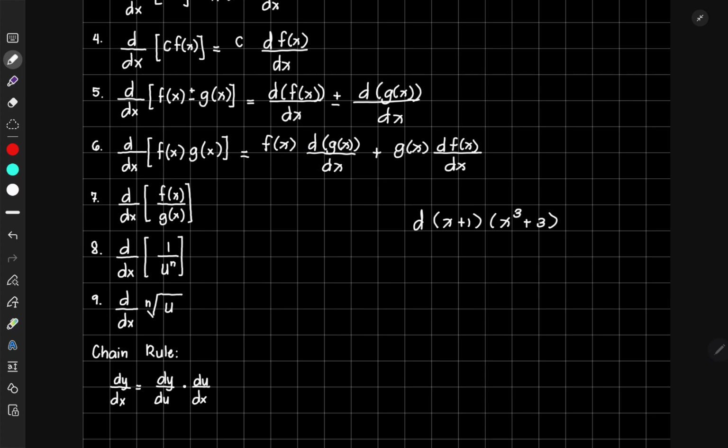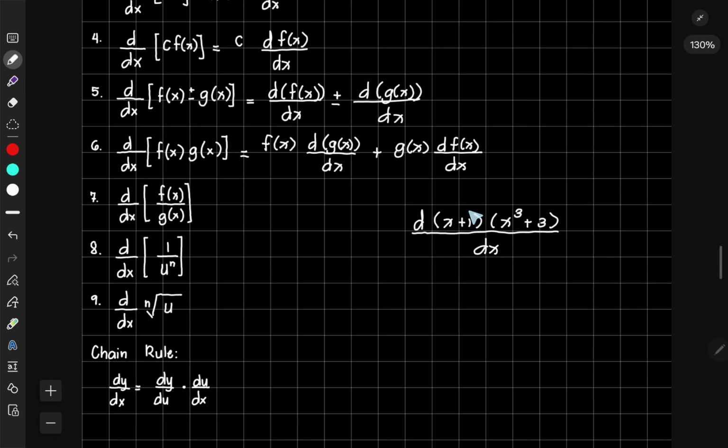Pero for the sake of the example, for our product rule, sabihin natin yung x plus 1, this is your f of x. Yung x cube plus 3 is your g of x. So, applying the product rule. So, copy yung f of x, which is x plus 1. Pero, we have to get the derivative of g of x with respect to x, which is ito.